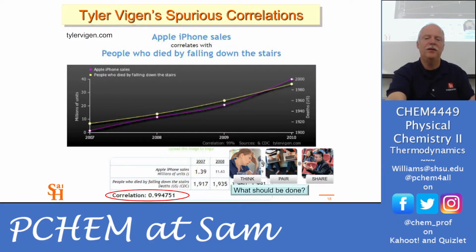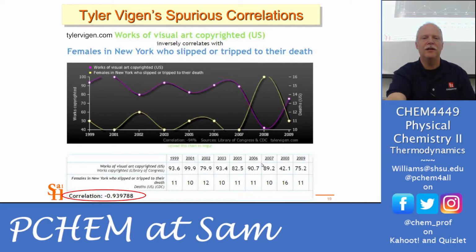But your question sometimes with these correlations should be, well, so what? I mean, they're correlated, but that's just a mathematical similarity. This one's even funny. Works of visual art copyrighted in the U.S. inversely correlates with females in New York who slipped or tripped to their death.